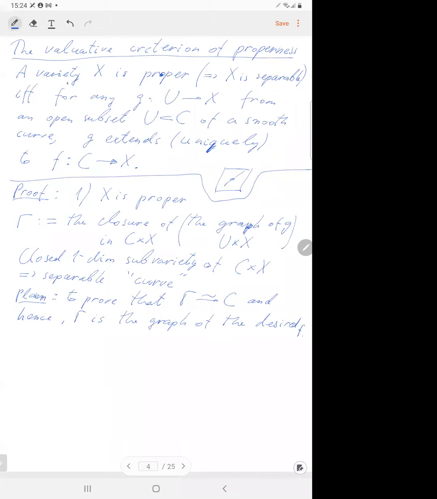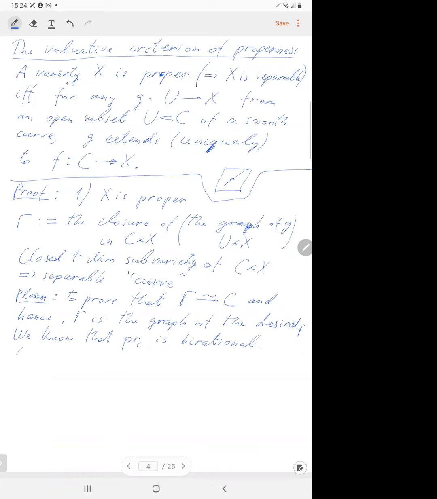Okay, so we want to prove that the projection is an isomorphism, and we know that this projection onto C is birational. It's a regular morphism, and it's an isomorphism over U, so it is birational.